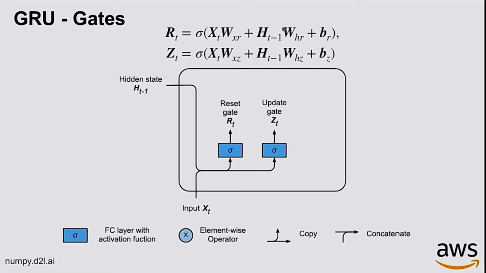The first part for the GRU is that you have 2 new gates. One is called the reset gate. The other is the update gate, which we call R_t and Z_t. Each of them initializes its own weights, which you can see here, X times W_xr and W_xz. The first weight is for the reset gate only, and the second weight is for the update gate only.